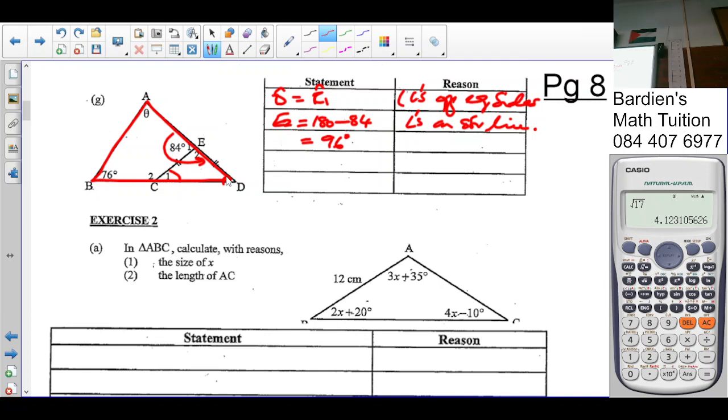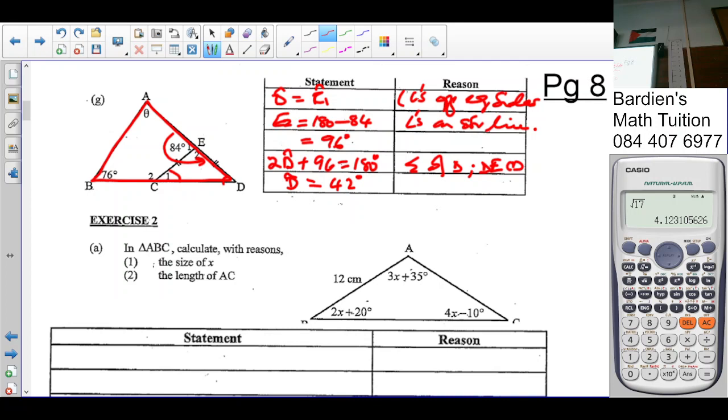Exterior angle is equal to sum of two interior opposites. So we're going to say 2D plus angle 96 is equal to 180. Why? Sum of angles in this triangle ECD. So angle D is equal to 180 minus 96, which is 84, divided by 2 is 42 degrees.